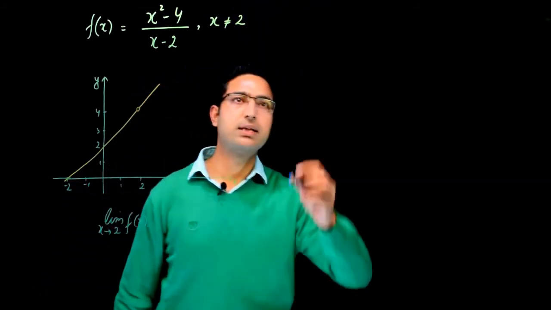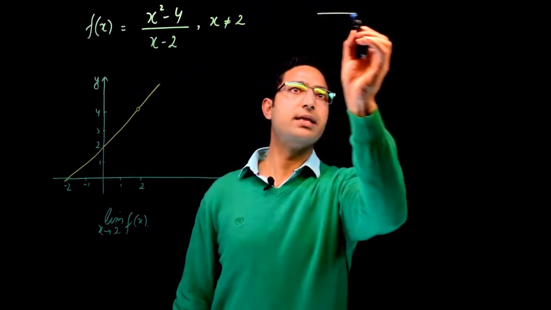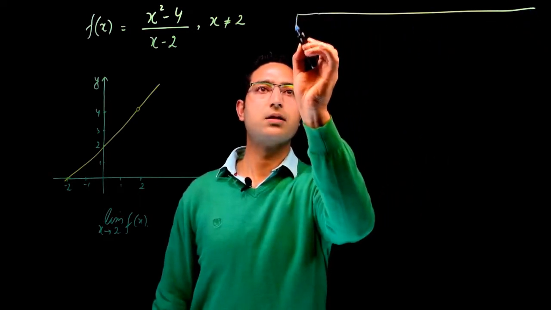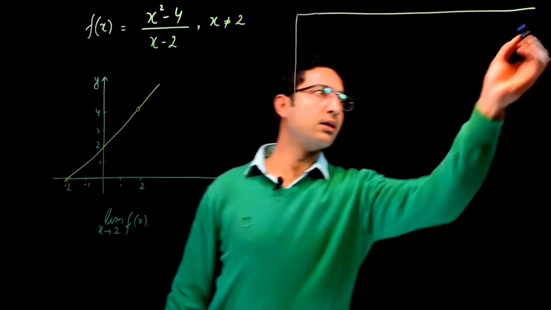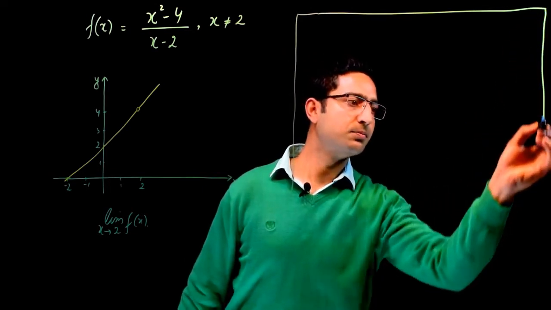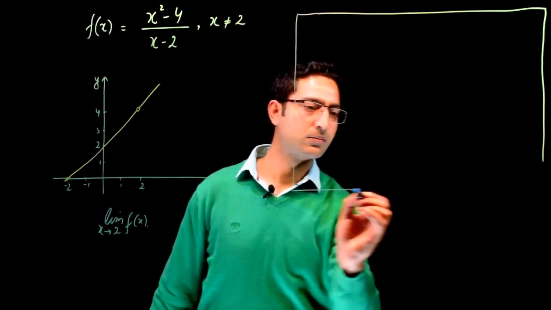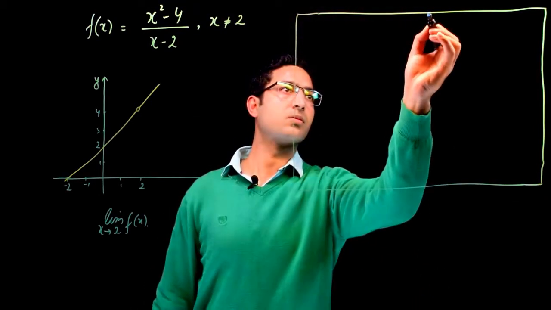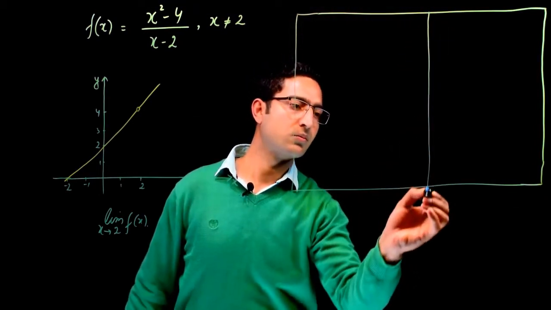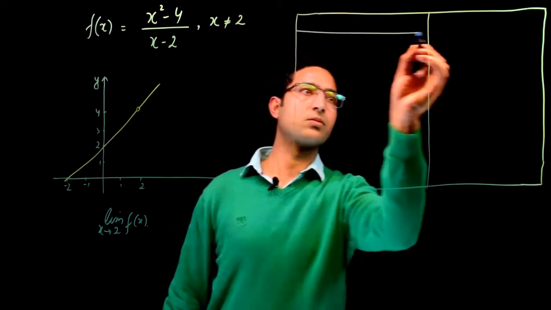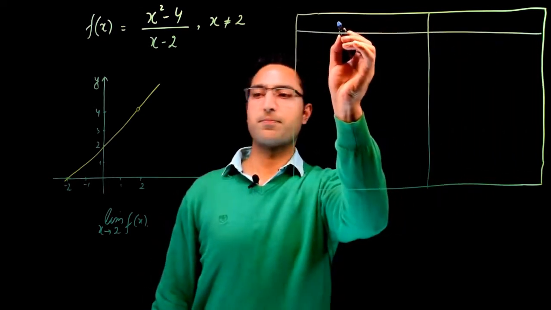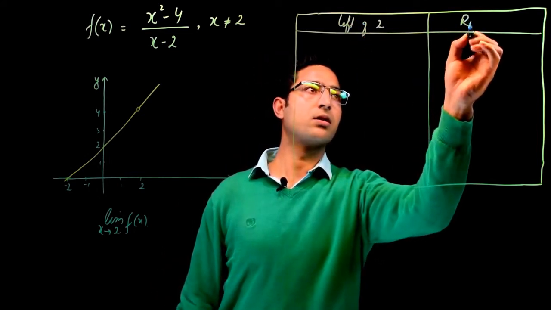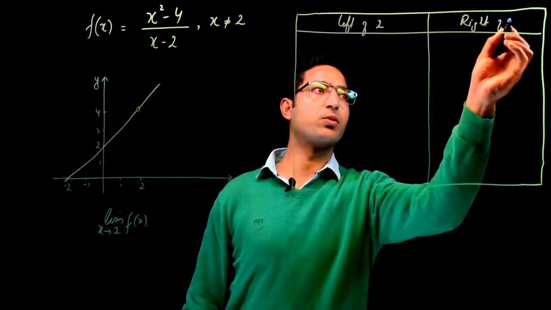For that we will draw the same table which we did in limit of function part 1. This is the table. Here is the left of 2, here is the right of 2.